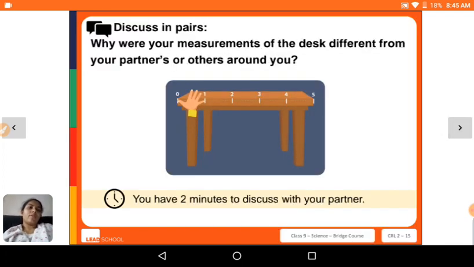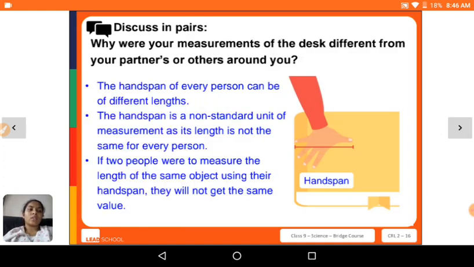Why were your measurements of the desk different from others around you? If we are doing this activity in a pair, you can take two other objects and measure them. Take one object and try with your hand, and ask your parents also to do that, so you can see the difference.